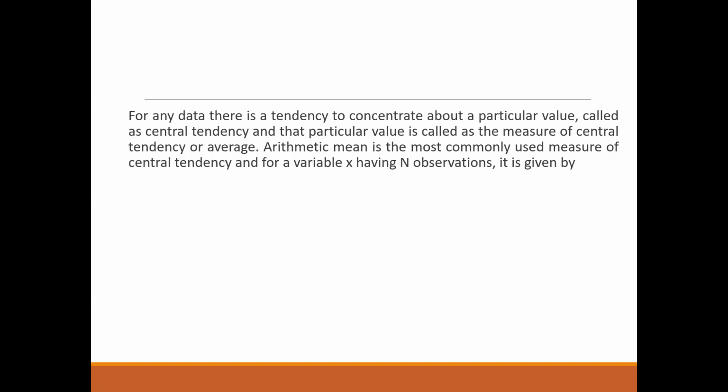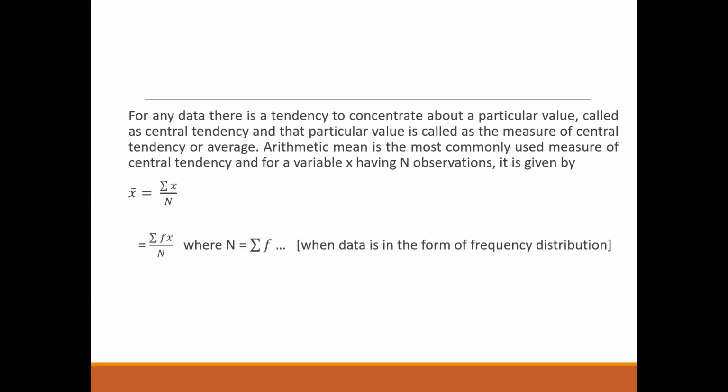This can be written, if we have the experiment done for n observations, then we can write the central tendency as: x bar equal to summation x divided by capital N. And the same thing can be represented if the frequency distribution is given to you, then this formula can be written as summation fx divided by n, where n is equal to the sum of all the frequencies.